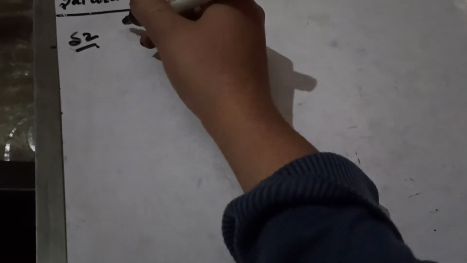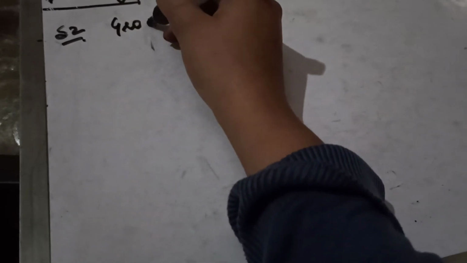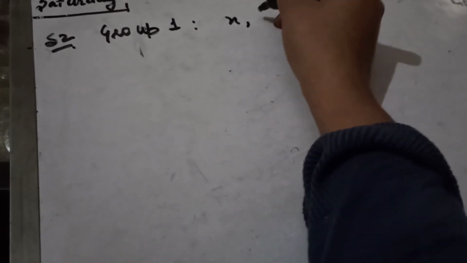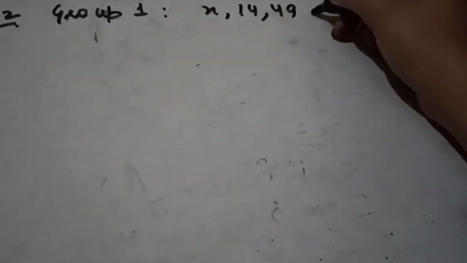So by this, firstly, the first group, you will write here group 1, which is x, 14 and 49. In which proportion? In continued proportion. Complete, you will write yourself.